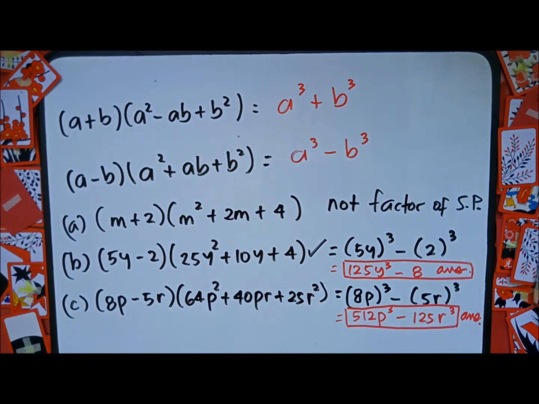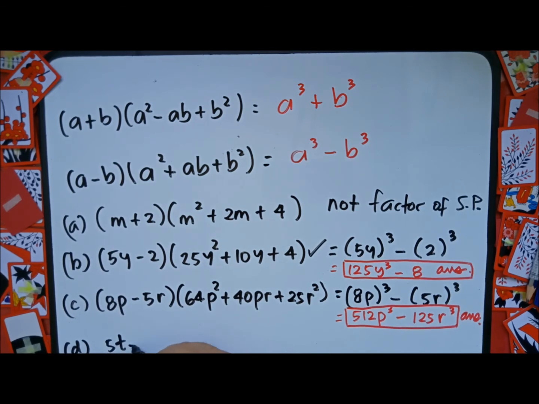Next, we still have a space. Okay, let's check. Letter D. 5t minus 1 times 25t plus 5t squared plus 1. Okay, let's check. Is this the square of the first term? 5 times 5 is 25.